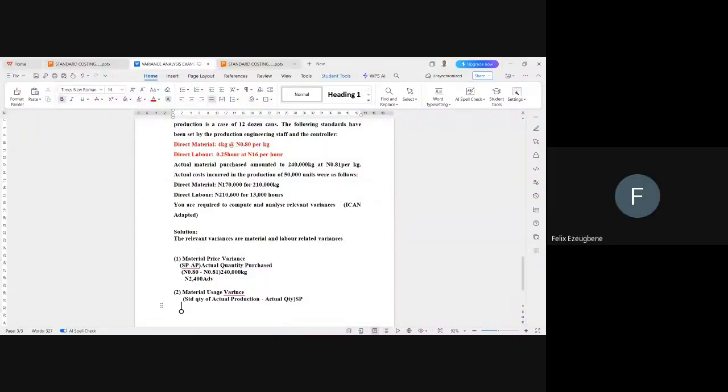Our standard quantity of actual production is 4 in relation to 50,000.